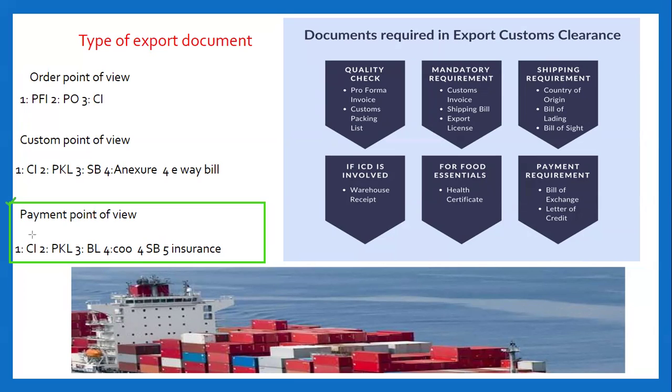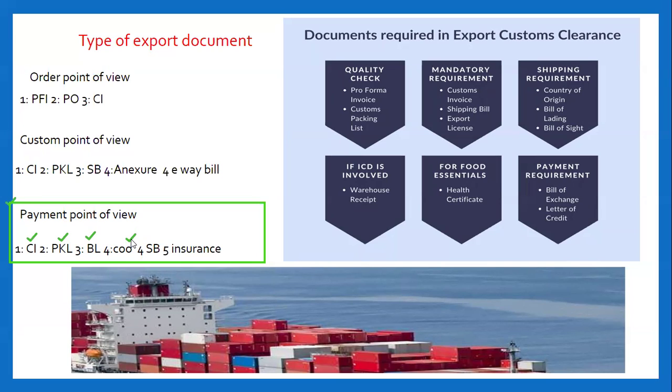So what are the documents? The commercial invoice, which we already prepared. This commercial invoice can carry some additional information as per country-specific requests. Just like if you are exporting to Mexico, then some information needs to be mentioned as per that buyer's requirement. Then the packing list, which has the packing details. Then the bill of lading, which is received from the shipping line.